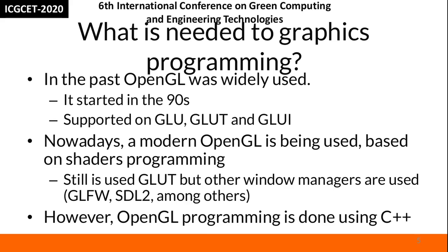So, what is needed for graphics programming? In the past, the OpenGL library was used. It was widely used. It started in the 90s and was mainly supported on the GLU, GLUT, and GLUI libraries.